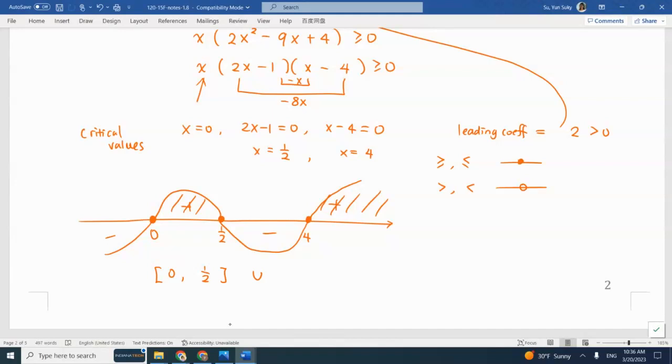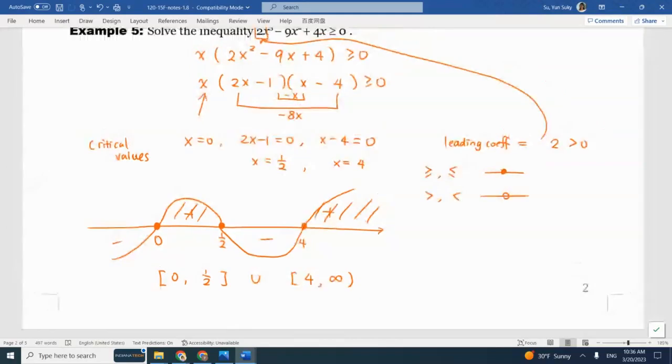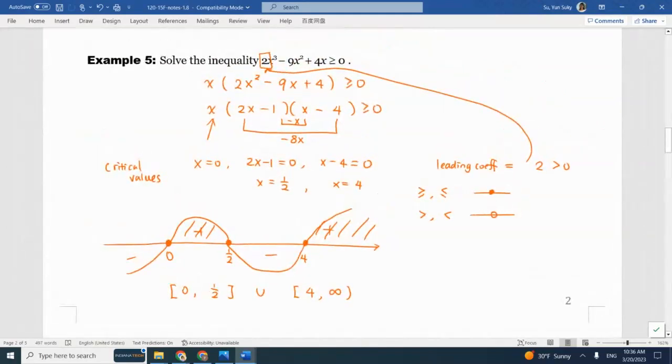And then union, and then 4 to infinity, and parentheses. Yes. So this is how we solve the inequality. Do we use 0 to negative infinity? No, because it's negative. We're looking for greater than or equal to 0, so above the line. It's only the positive or equal to 0.